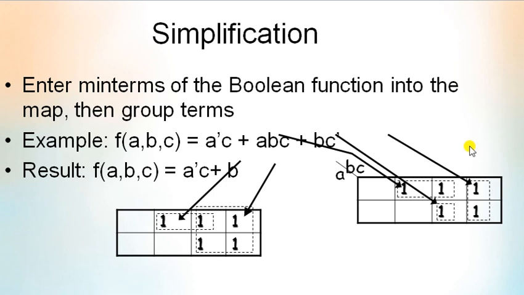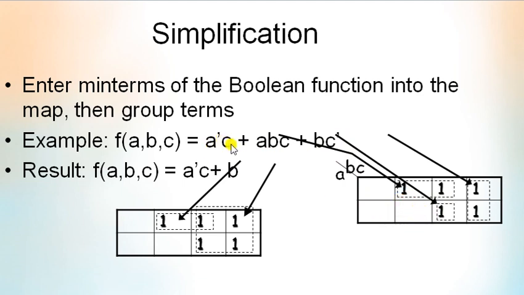And this is the example for the simplification of a Boolean expression using a 3 variable Kmap. Consider an example: f of A B C, 3 variables, is equal to a dash c plus a b c plus b c dash. Put ones for each term in the Kmap.